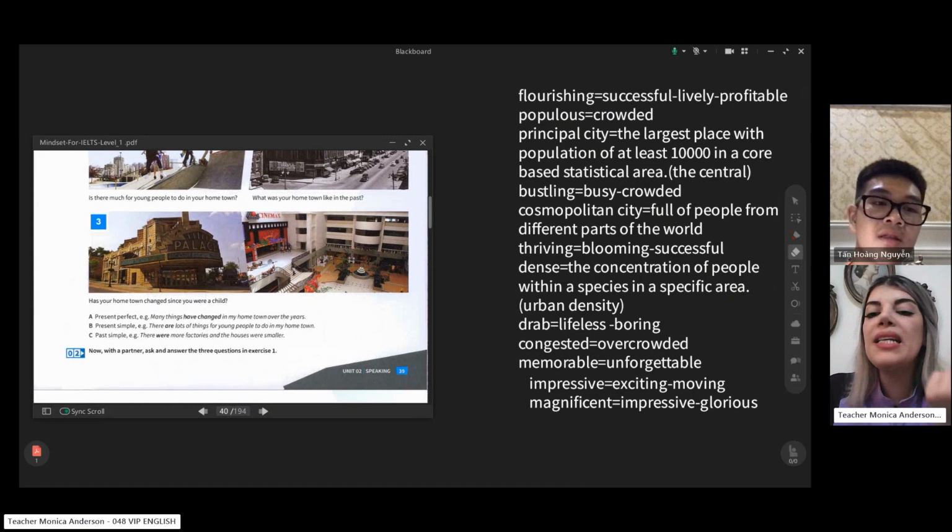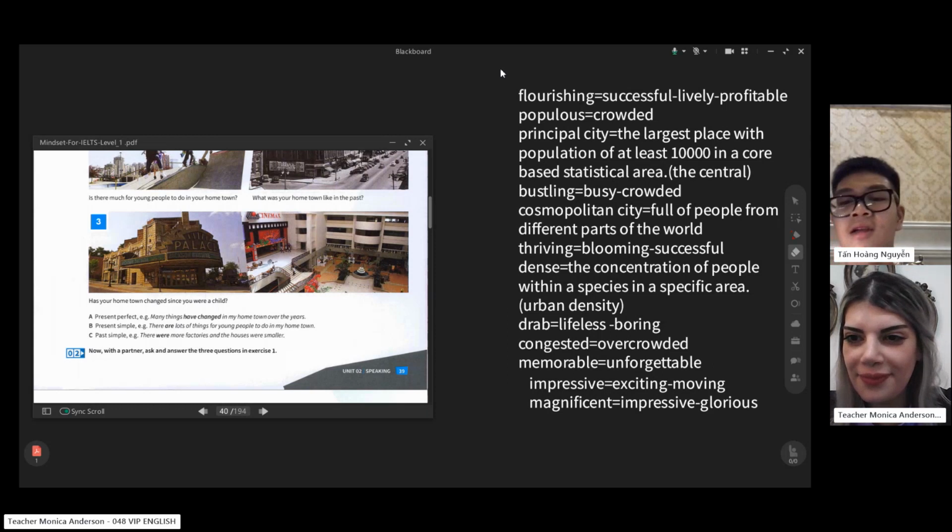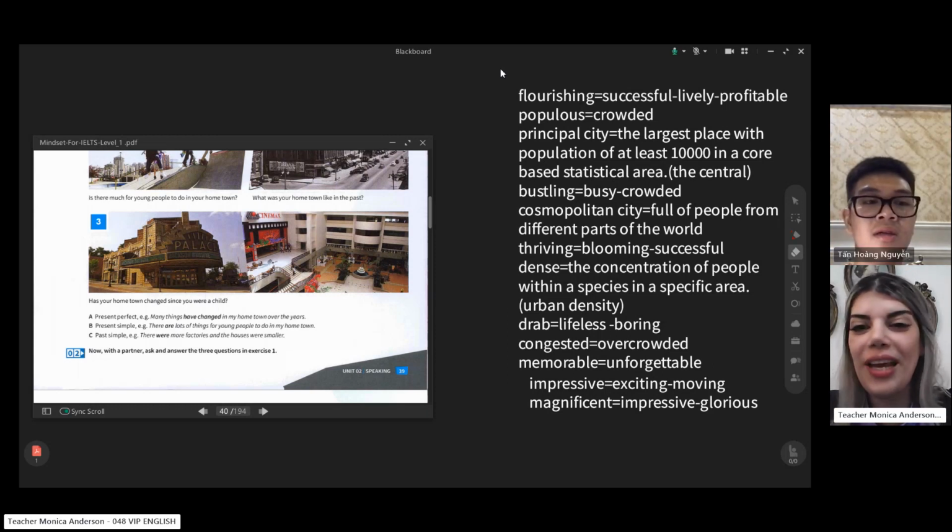Very big supermarket or hypermarket. So they're different. Department store, hypermarket, supermarket, they're different. We have different types of markets.